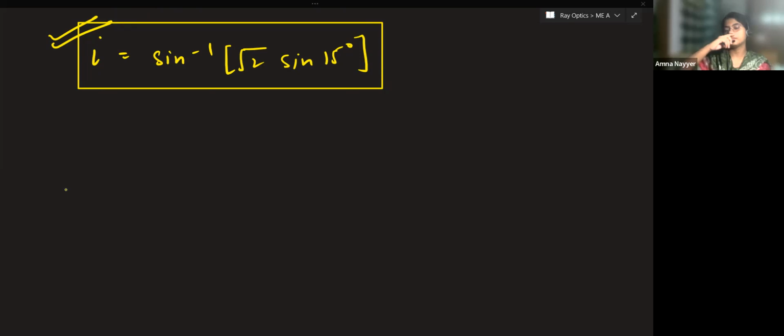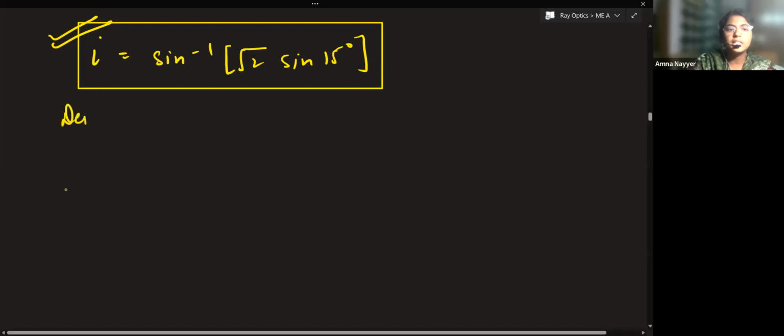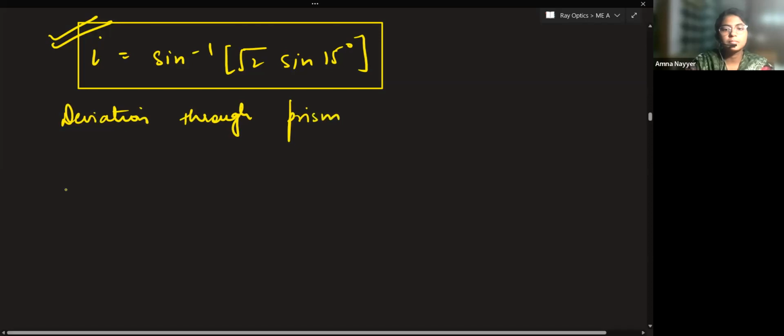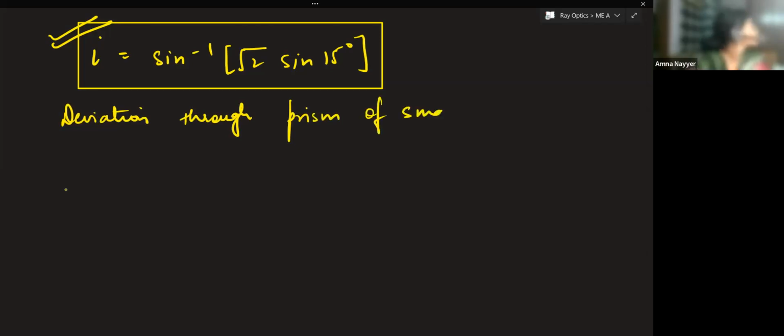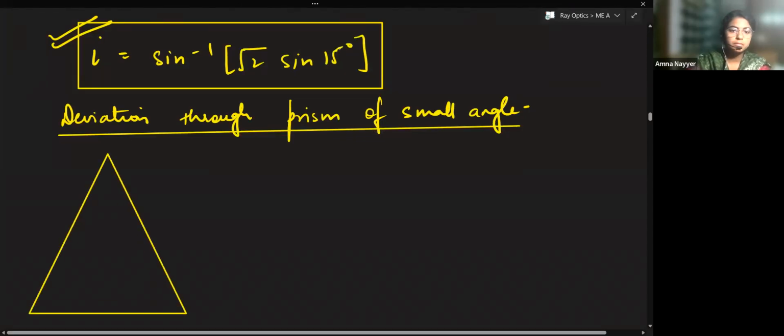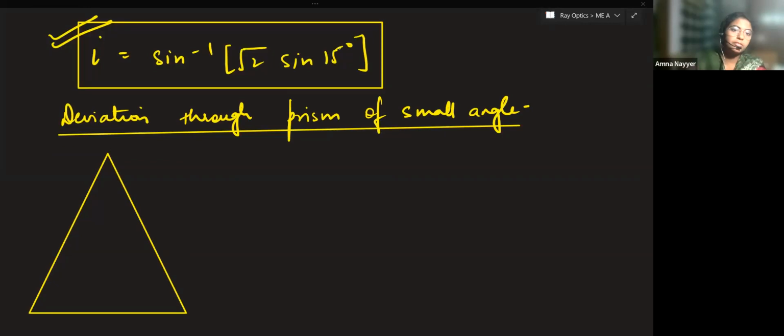If your angle of prism is very small, then the deviation has another formula that you will use. So deviation through a prism with a small angle.